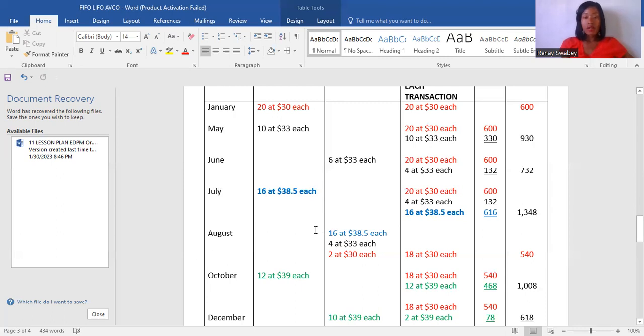In August, she sold all 16 iPhones. She bought them in July, but she never sold any in July. She sold them in August. Because she had these 16, she didn't buy anything in August.